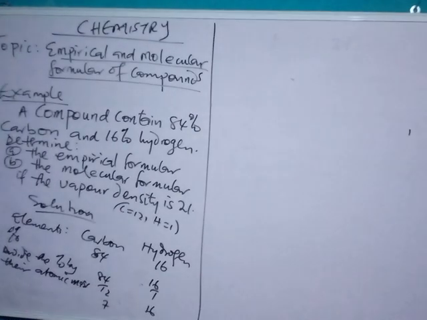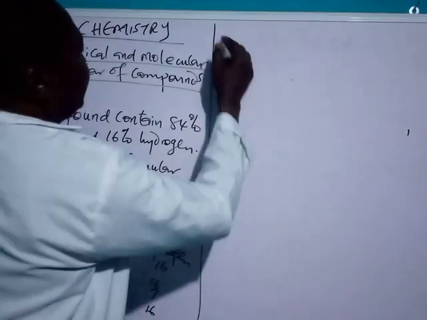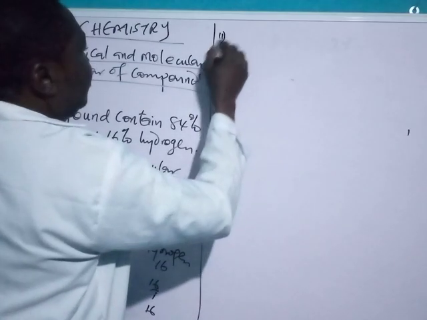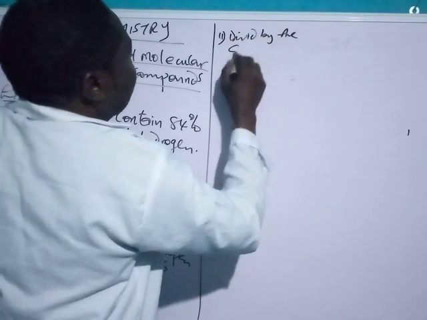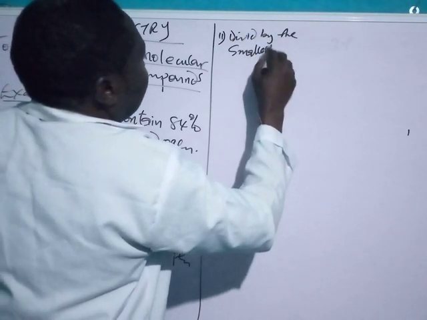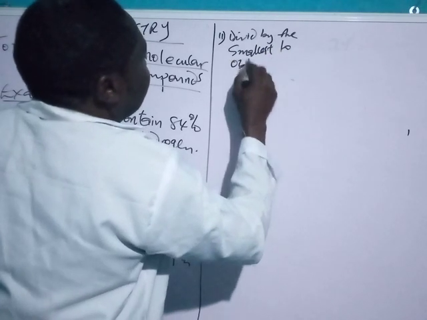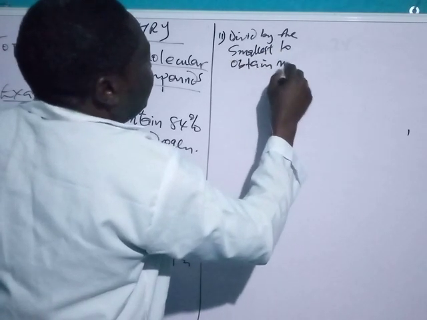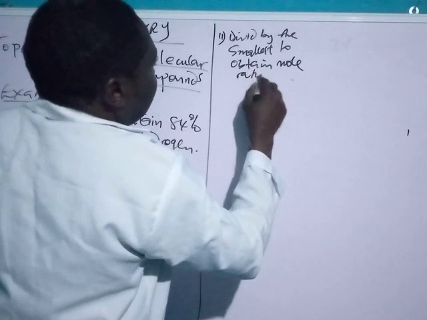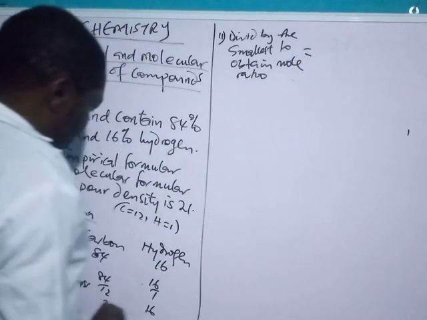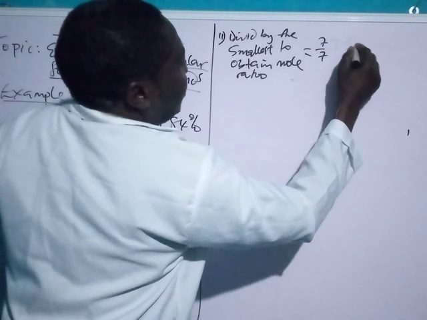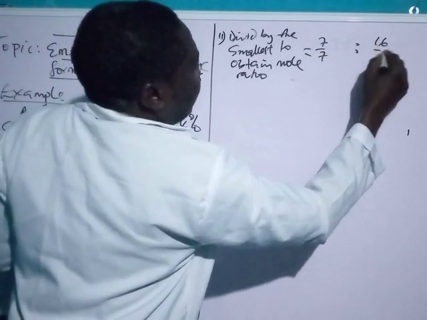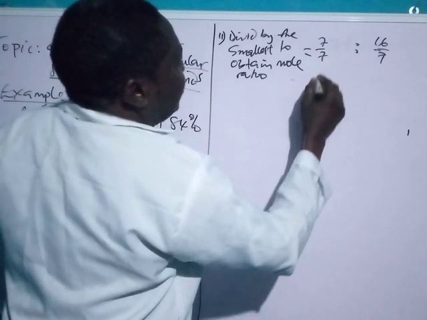The next step is to divide by the smallest. Step 2, divide by the smallest to obtain the mole ratio, in which case you divide 7 by 7 and 16 by 7. 7 divided by 7, you have 1.